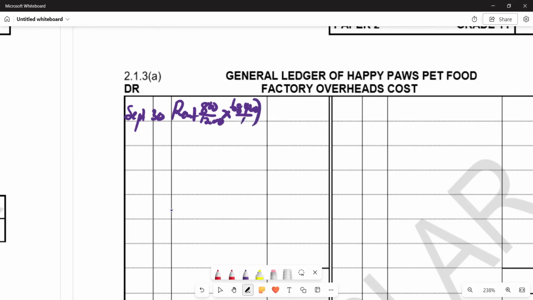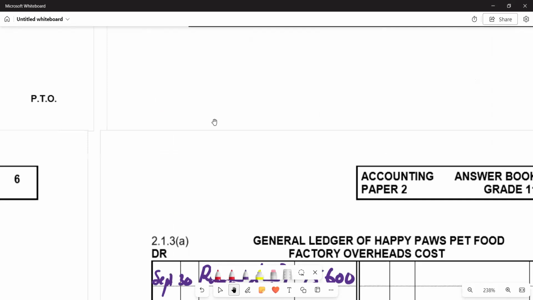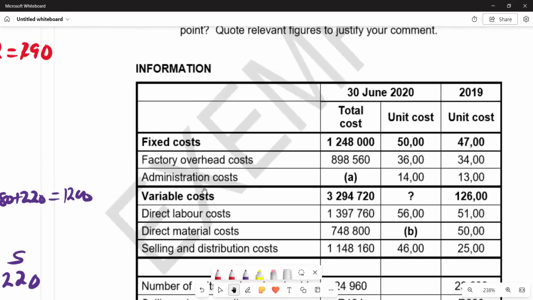Let's calculate: 800 divided by 1,200, and then you multiply the answer by 68,400. You are going to get 45,600, which is going to come in. So this is what we have in terms of our rent. Then we go to the next overhead in that list.